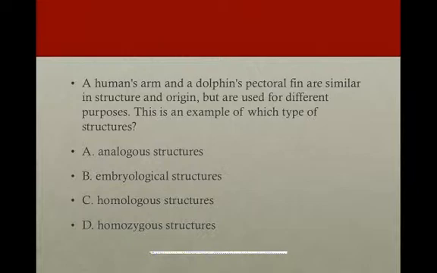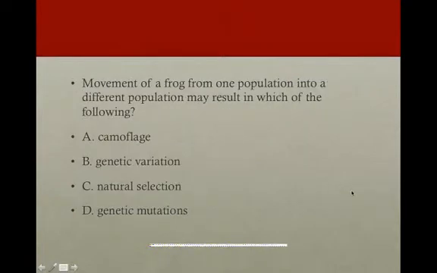What's analogous mean? Because they have the same structure but different function. So analogous, I think, would probably be the same function. Homologous, yeah. Okay, movement of a frog from one population to a different population may result in which of the following? Genetic variation, right. He brings a new genetic code into that population.